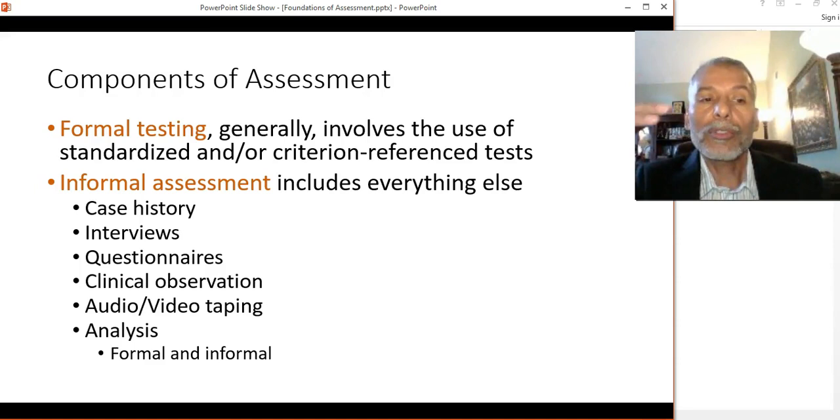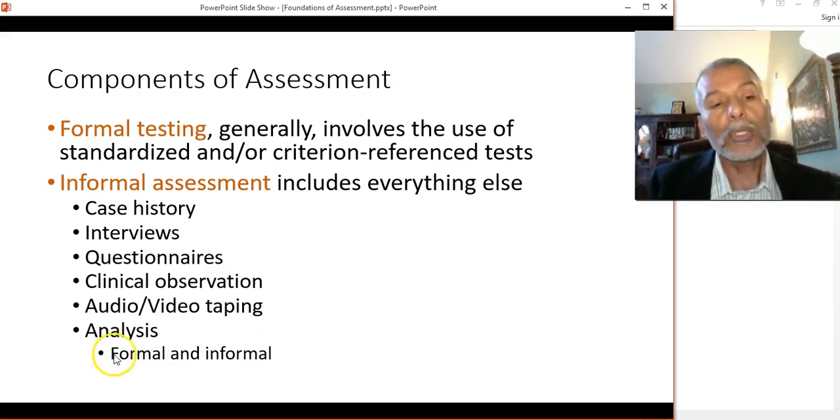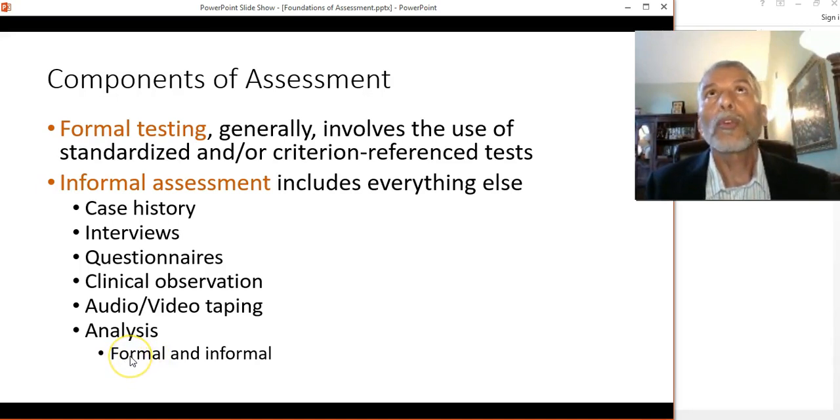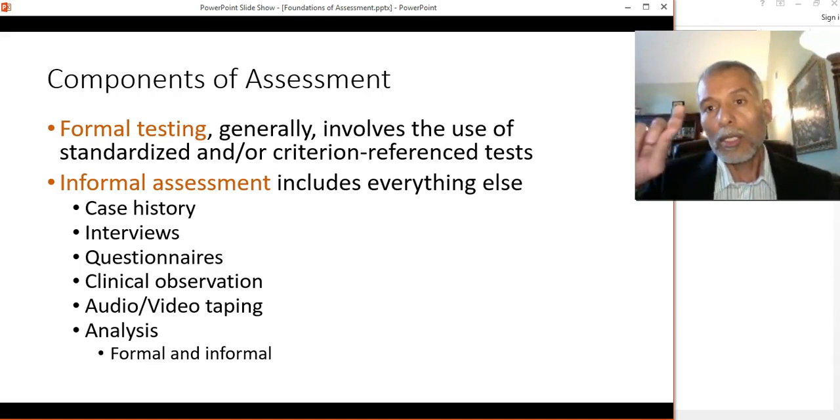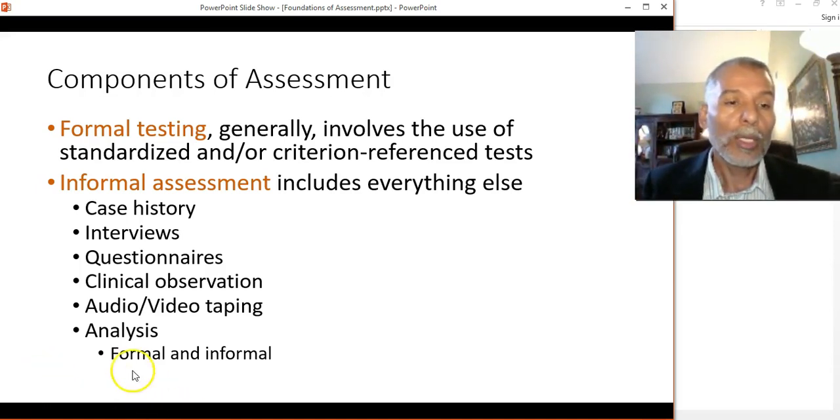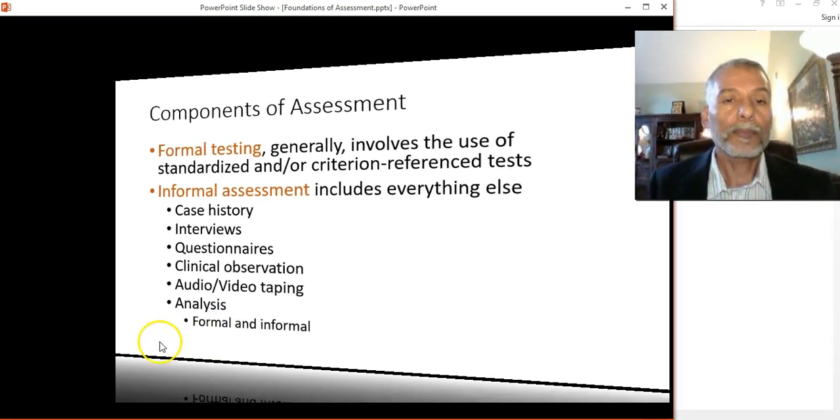So this is similar to a kind of criterion reference somehow. If you do it formally, you are going to follow a particular protocol, you go to a manual, you go to a chart, and then you get, for example, that particular equivalence or some kind of score. Again, this applies to language sampling.